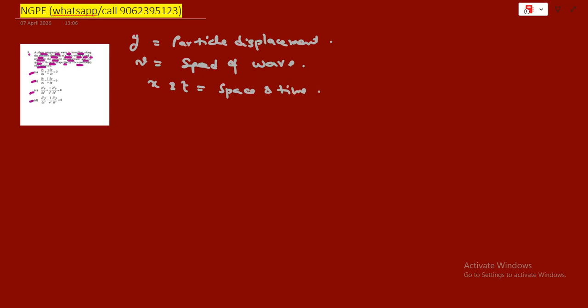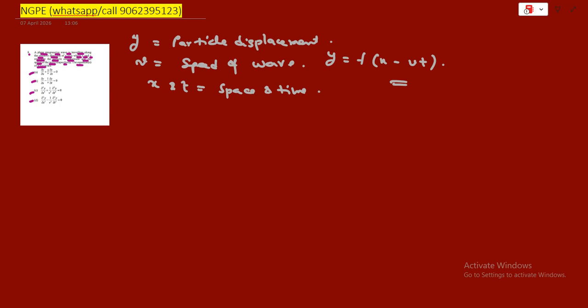A general wave traveling in the plus x direction is written as y equal to f of (x minus vt), right? Now note the minus sign. If it were traveling in the minus x direction, it would be x plus vt. It's counterintuitive. I know physics likes to keep you on your toes.